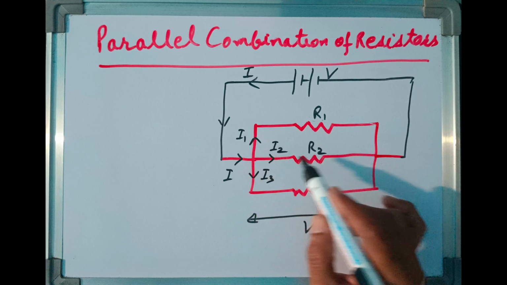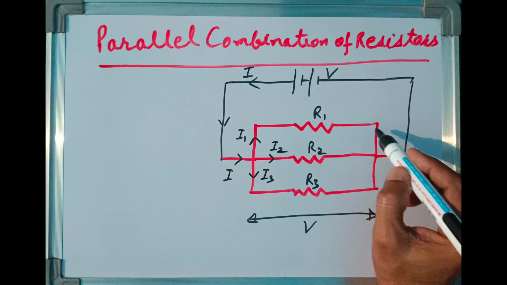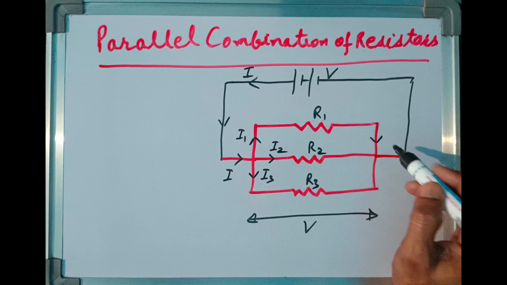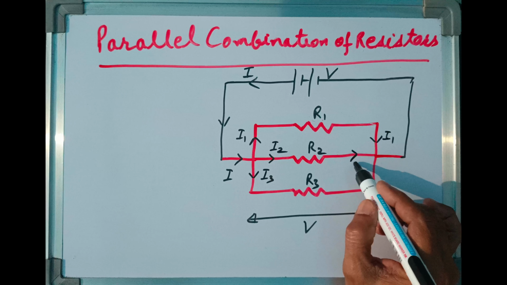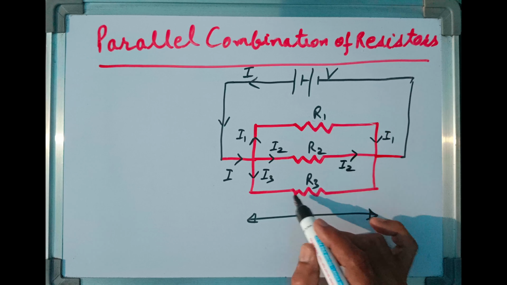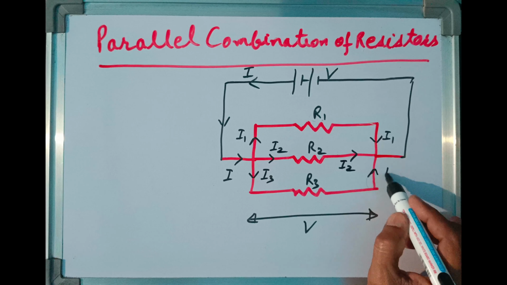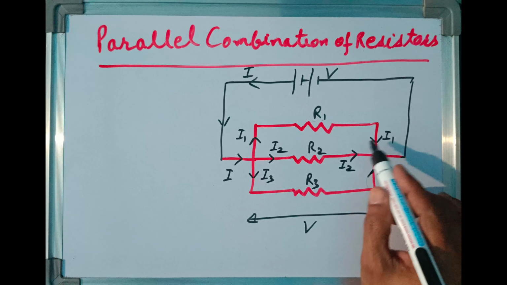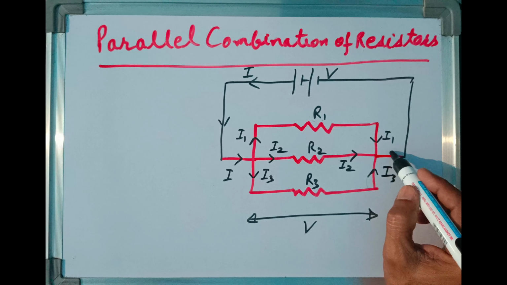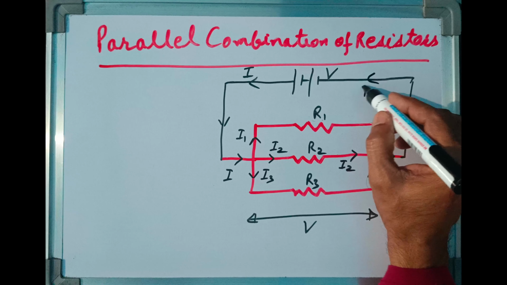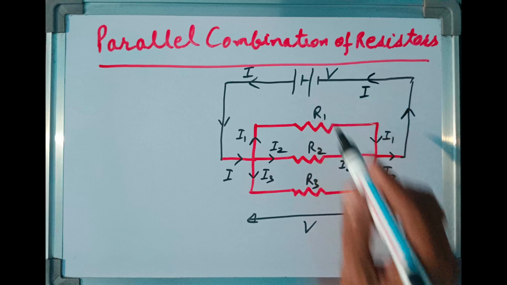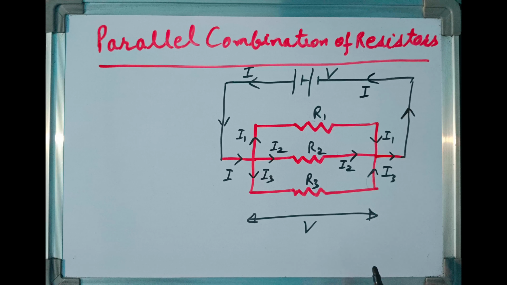So in this way, all these three currents pass through R1, that is I1, through R2 it is I2, through R3 it is I3. All these three currents combine together and give rise to the same value of current moving towards the negative terminal of the battery.